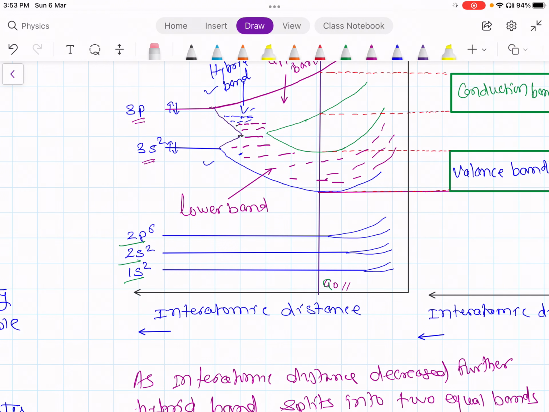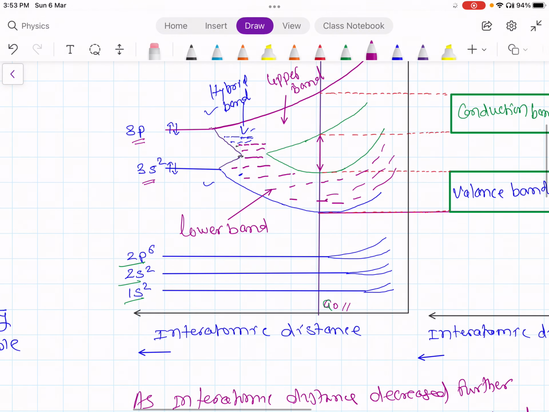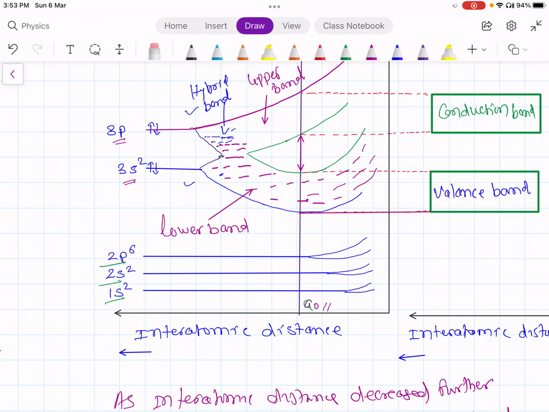Then this is the gap between these two bands. This gap is the band gap, which is denoted by Eg. So here is Eg.